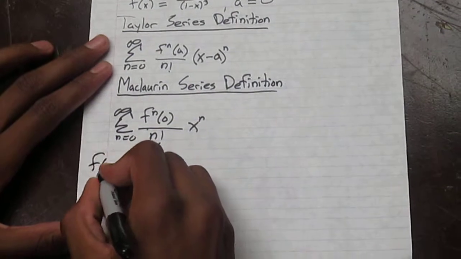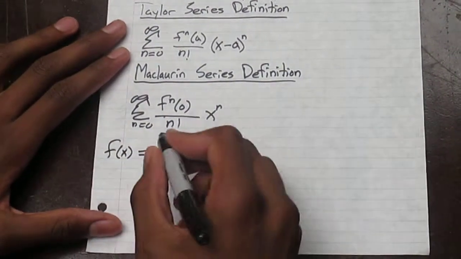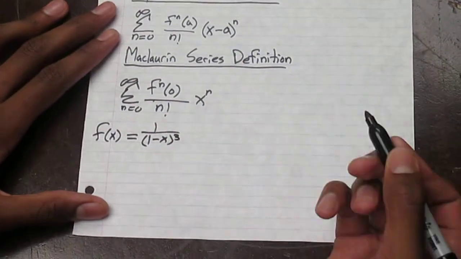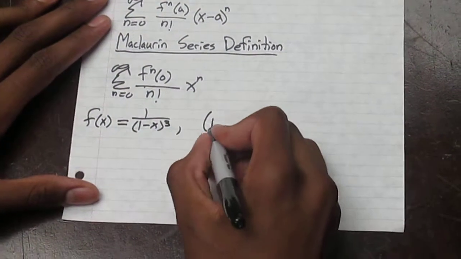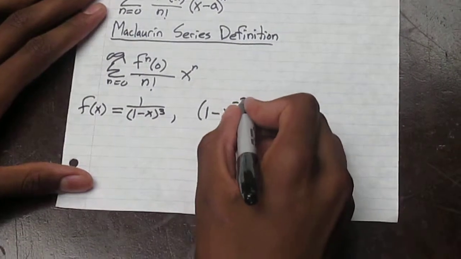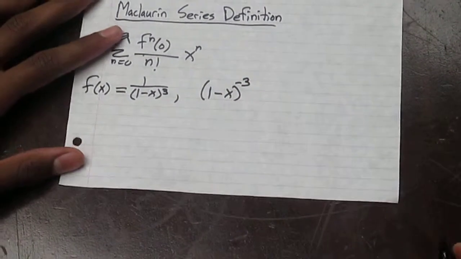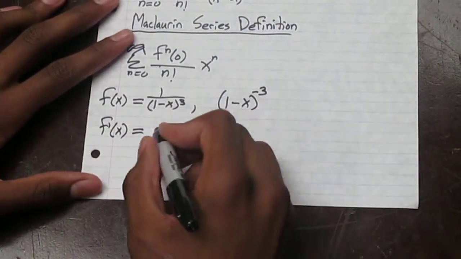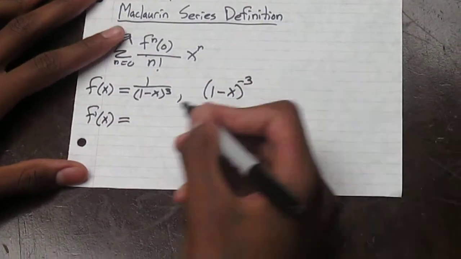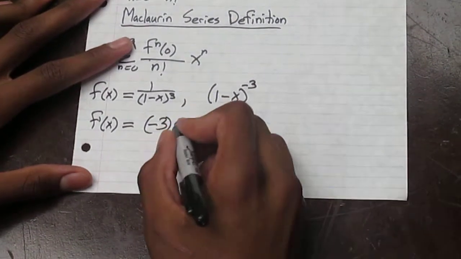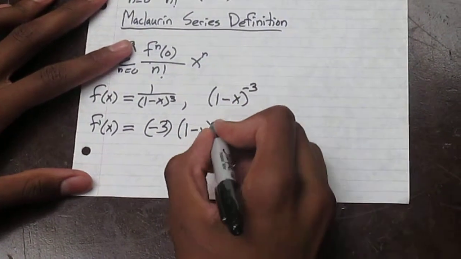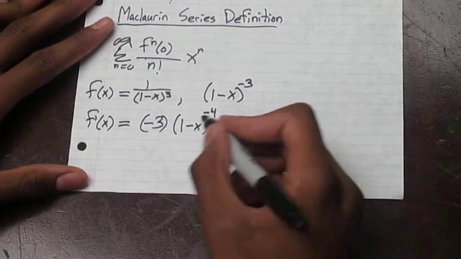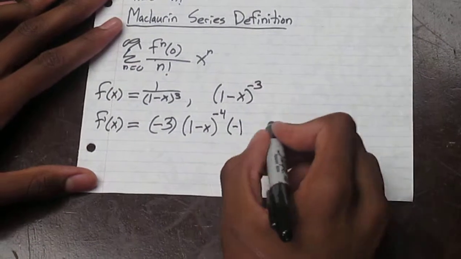f of x equals 1 over 1 minus x to the third, which can also be written as 1 minus x to the negative 3, which makes it easier to do the derivative. So the first derivative: you have to do chain rule, so negative 3 times 1 minus x to the negative 4, and then you do the derivative of the inside, which is negative 1.